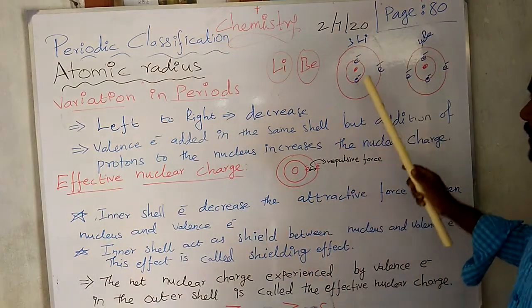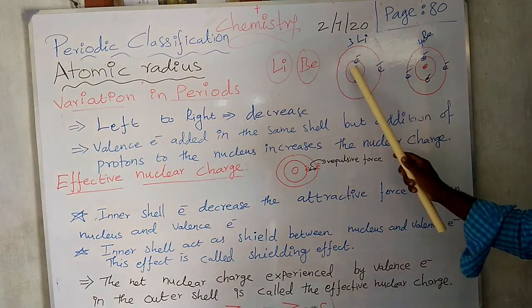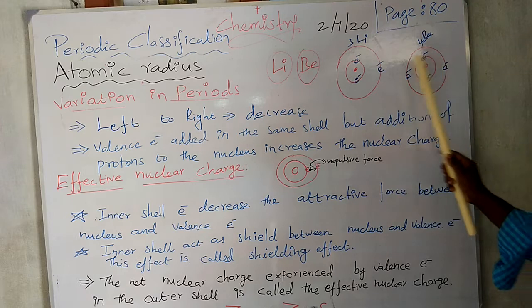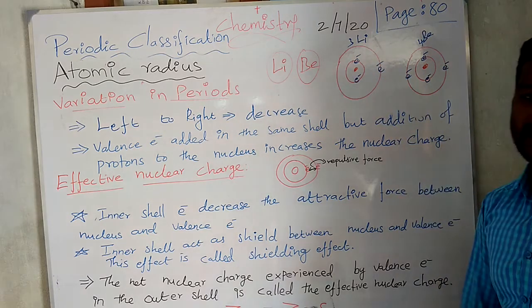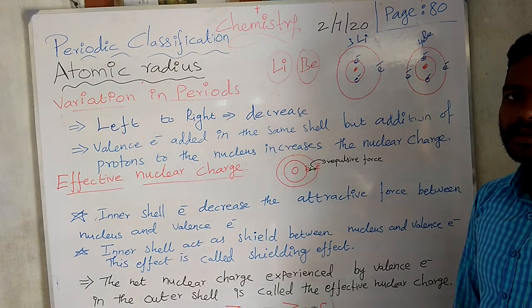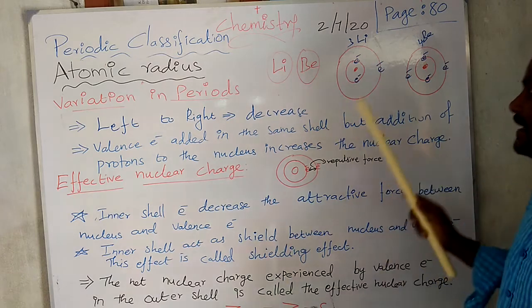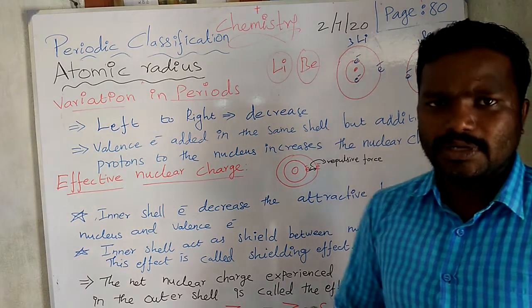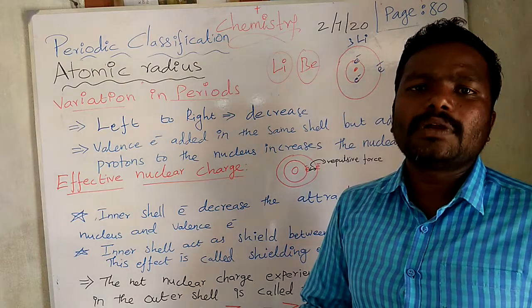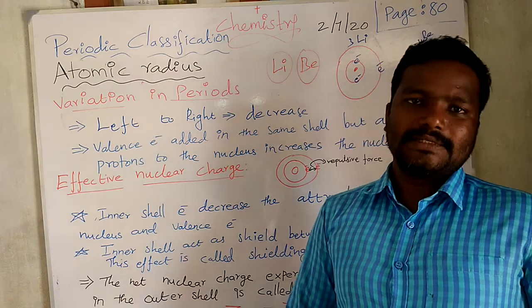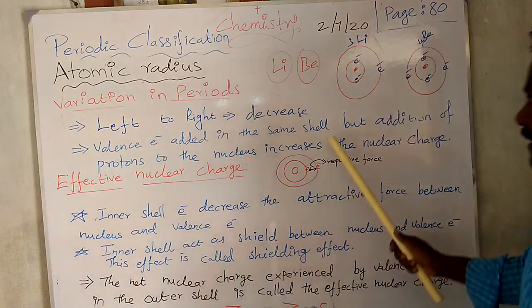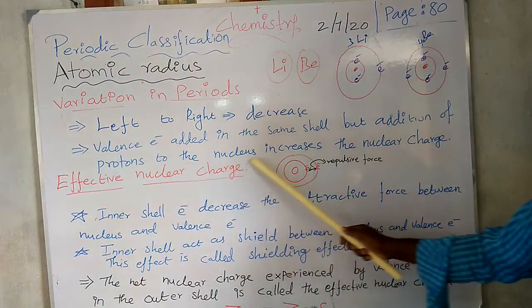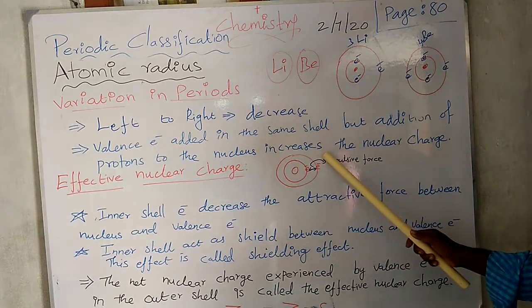Check, my dear students: the distance between the nucleus and the outermost cell is the same for both lithium and beryllium, because the electrons are filled in the same cell. Then you say, sir, you should have the same size only. Then how can you say it decreases? See, but the addition of protons to the nucleus increases.